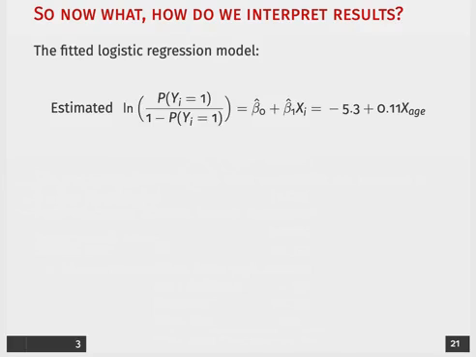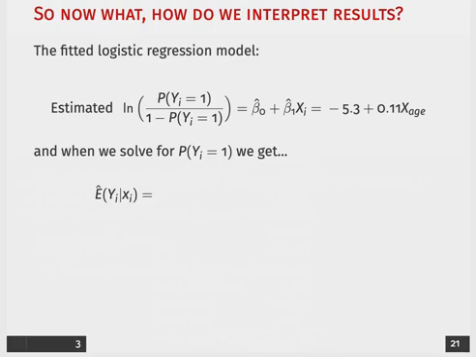Now, let's say we want to solve for the probability of having CHD. If you remember correctly, we're interested in the expected probability of having CHD given some value of X, so some age, let's say 50.